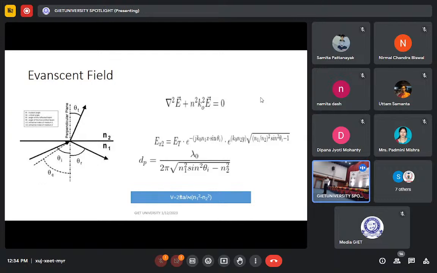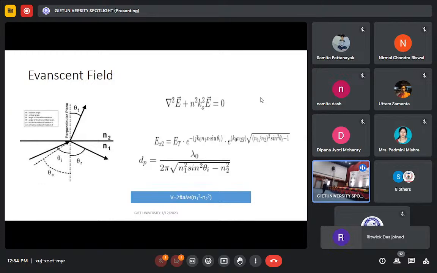In single mode fiber, only a single mode will propagate along the fiber, and the evanescent field is much more than in multi-mode fiber. Therefore, if you want to use optical fiber as an absorption sensor, preferably use a single mode fiber so that the evanescent field which comes out will be more.